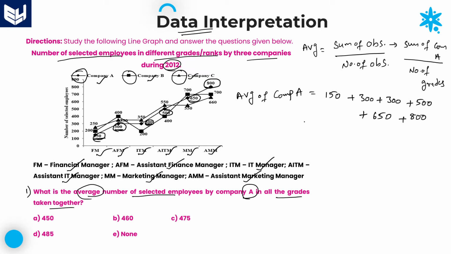This is the total of the values of company A for all six different grades, divided by the number of grades, which is equal to 6.